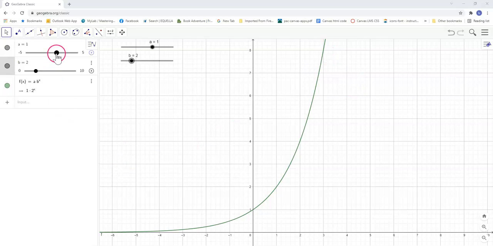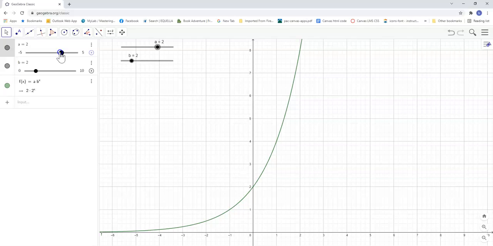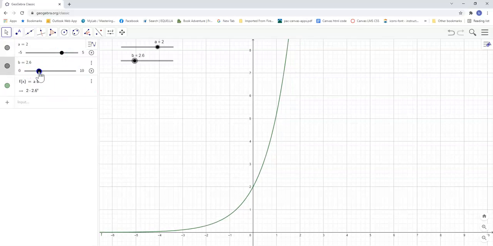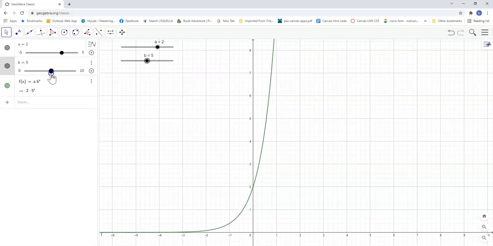And as a changes, if I make a bigger, so if a is 2, now my function passes through 2 on the y-axis, the y-intercept of 2, and that would be the initial amount. And as b changes, it grows faster and faster as b gets bigger and it becomes steeper.